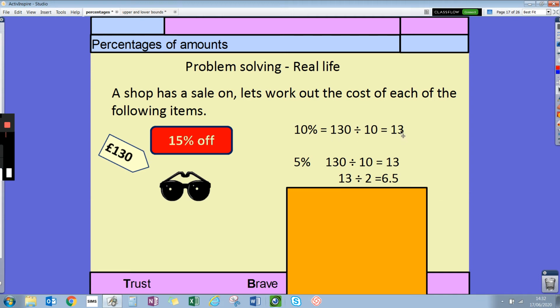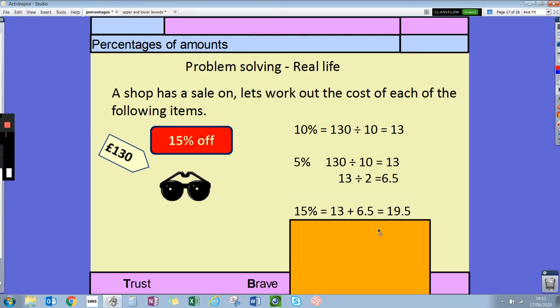So 10% is 13 and 5% is 6.5. So altogether, to get 15%, it's 19.5. So it's 19.5 or £19.50, because we're talking about money here, off. So 130 take away 19.5 is 110.5, which is £110.50.